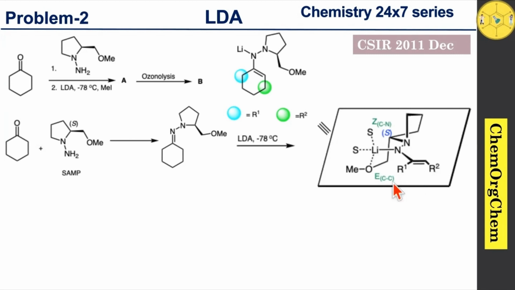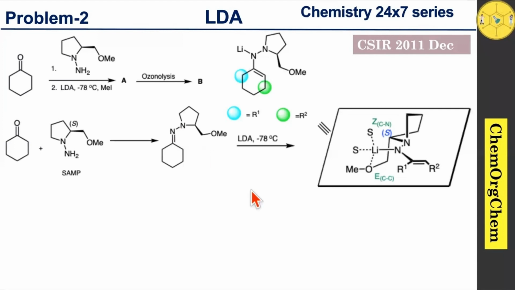After that, we should keep some important points in mind. The first point is that this carbon-carbon bond should be present in the E configuration, and similarly this carbon-nitrogen bond should be present in the Z configuration. Now you see in this structure this nitrogen-nitrogen bond is rotatable.